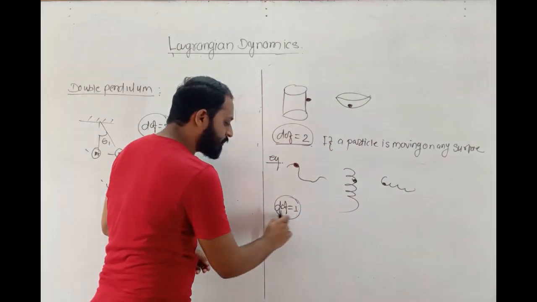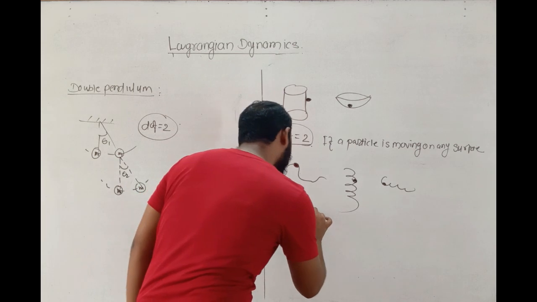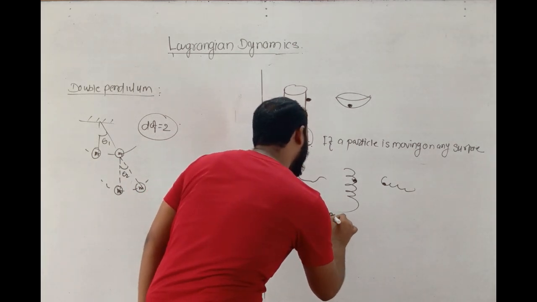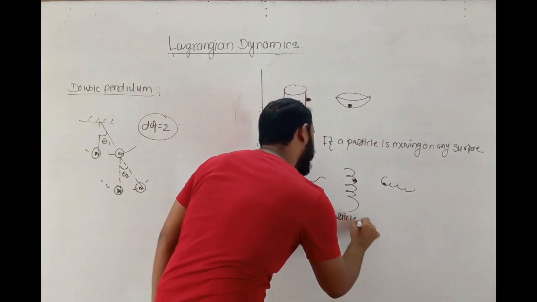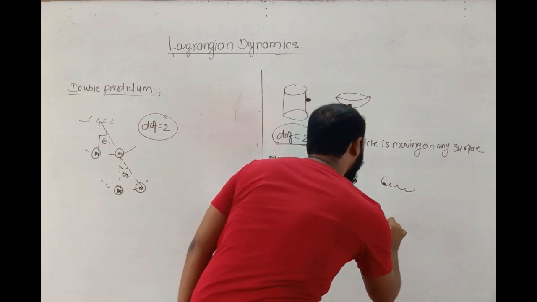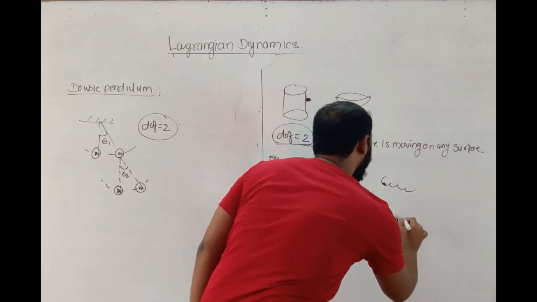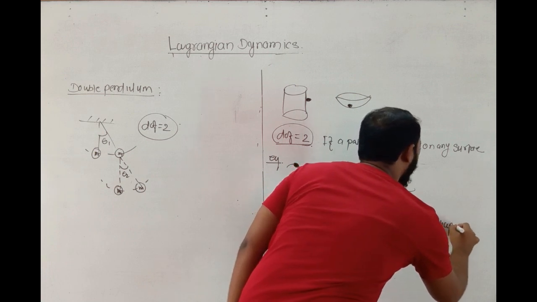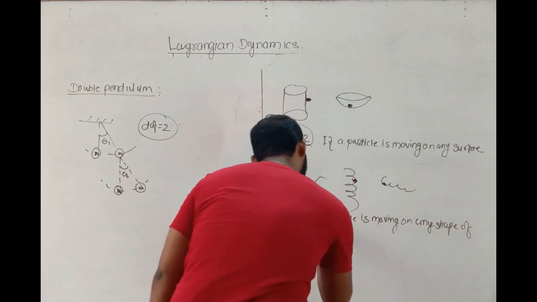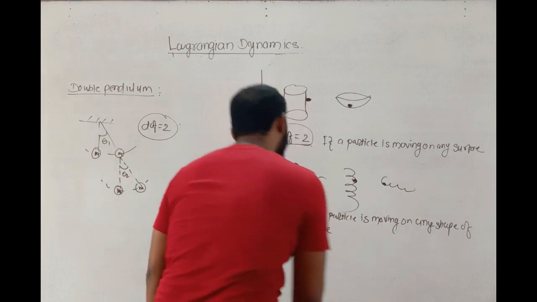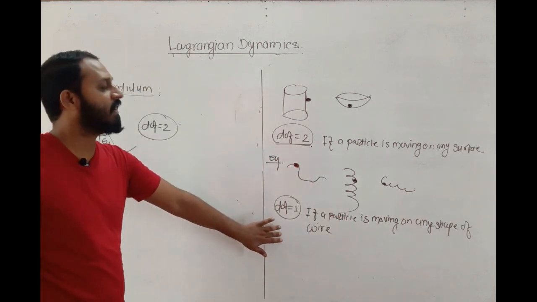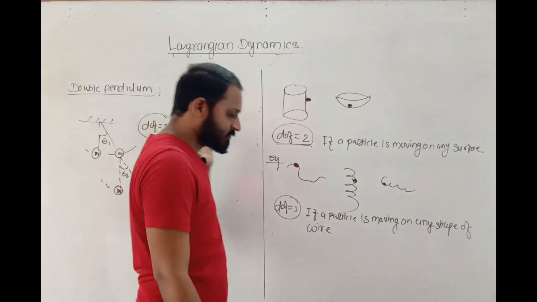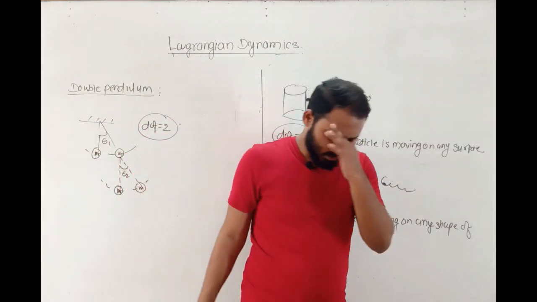That's why degree of freedom is 1. If a particle is moving on any shape of wire, then what will be the degree of freedom? 1. Okay, these are the examples for the degree of freedom.